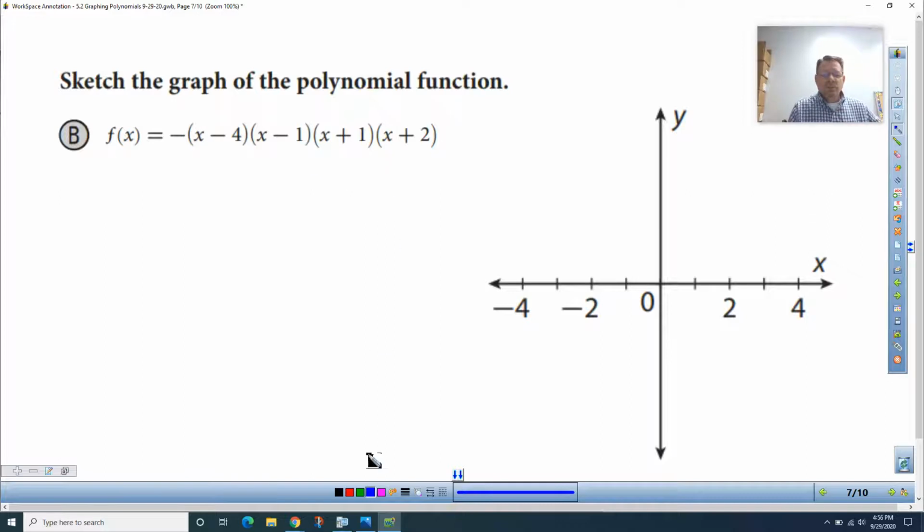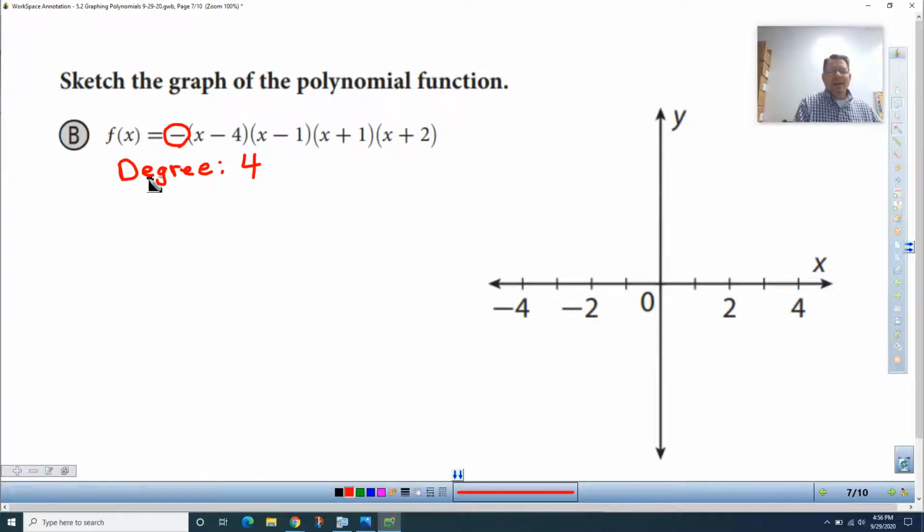Again, the first thing I want to do is say, what is my degree? Well, my degree is a 4 because it's 1, 2, 3, 4. So if I multiply that out, I get x to the 4th eventually. Degree is a 4. Oh, and check this out. What's that negative doing here?